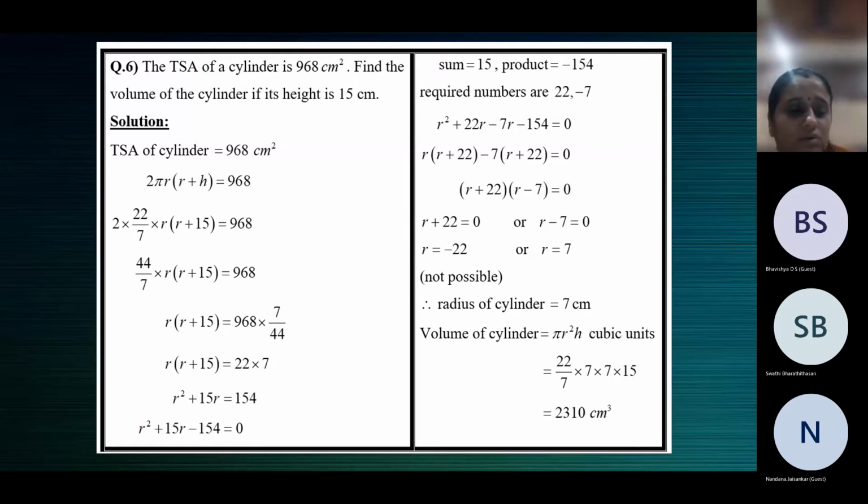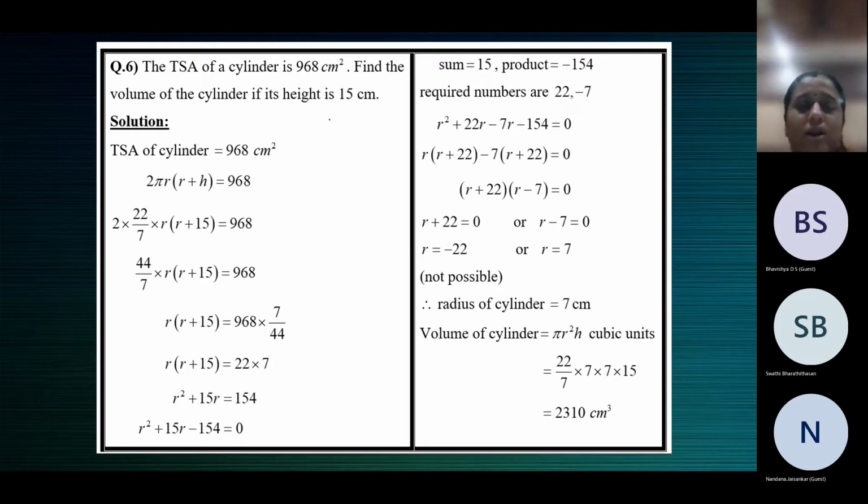So the coefficient of the middle term is plus 15, that's the sum. Then find the product of the remaining two numbers, 1 and minus 154, by multiplying them. That is the product, minus 154.